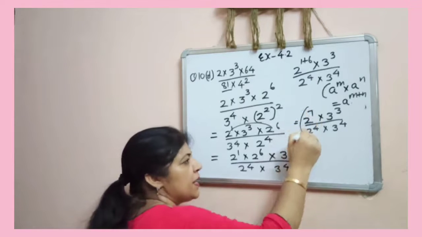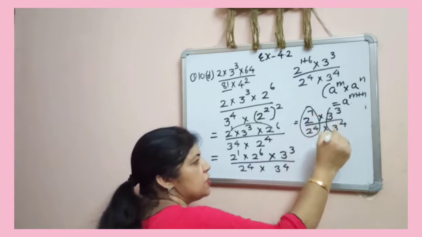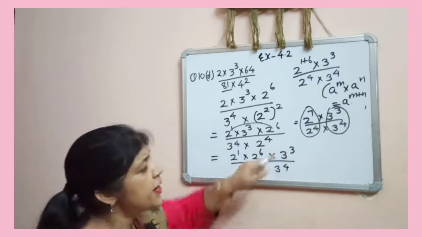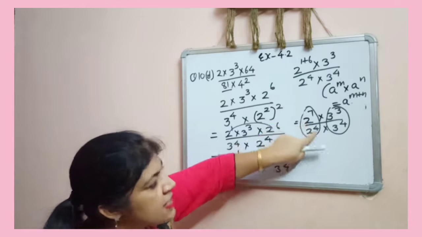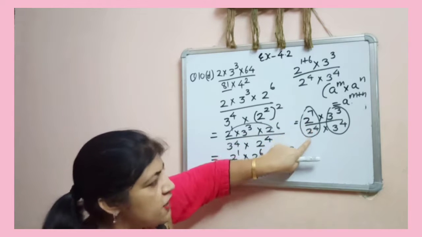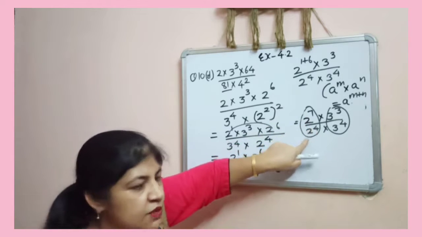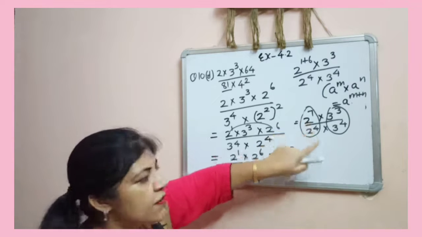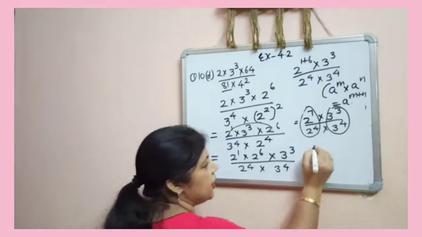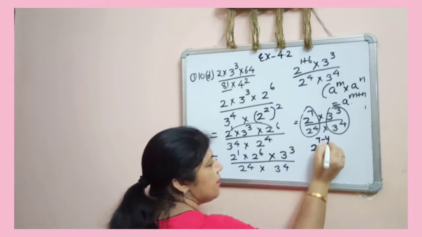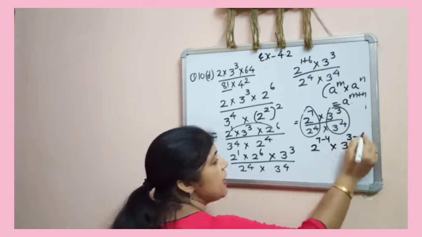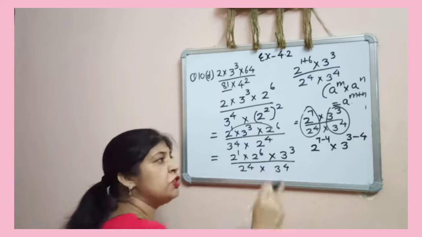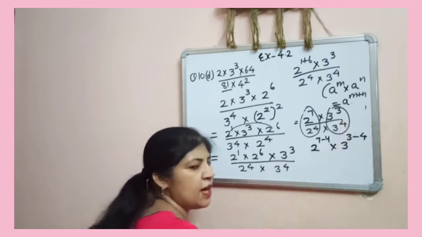Now you can combine these two terms and these two terms. Here bases are same, powers are different, and they are in division form, so the law of division will apply, which means the powers will be subtracted. You will get 7 minus 4, similarly 3 minus 4. Don't think that because 4 is greater it will come first.